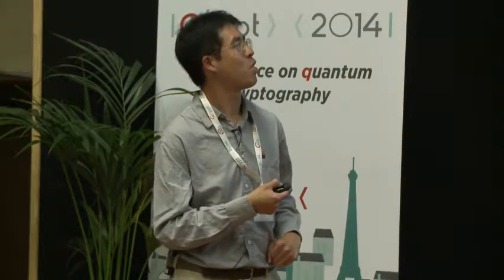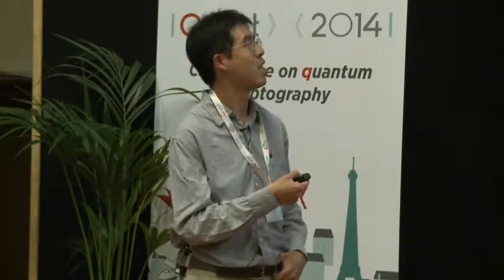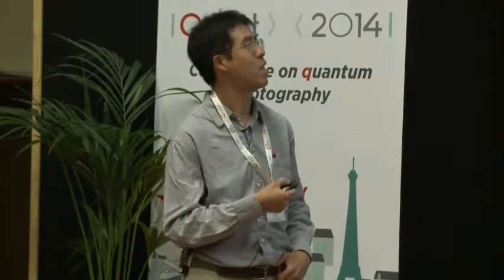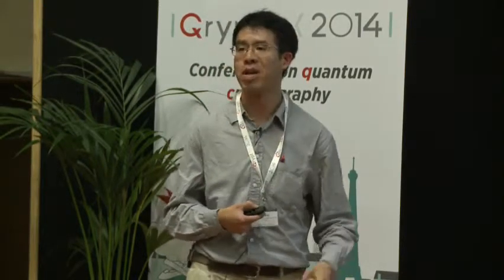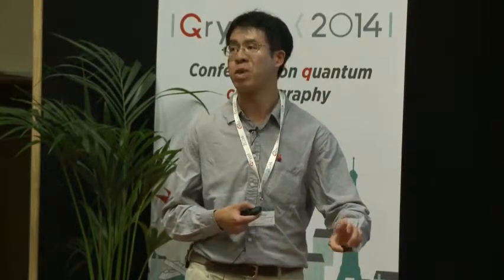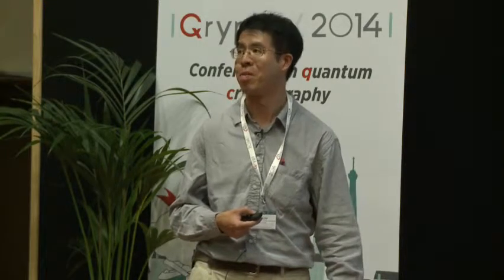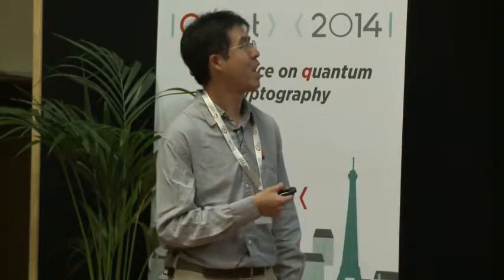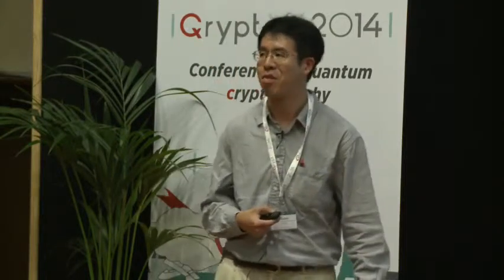Okay? In the case where C equals 0, we claim that the first message A remains secret. And we show that the min entropy of A is actually close to 1 with only an exponentially small amount of leakage, exponentially small in k, the security parameter. And if C equals 1, then we show that it's the second message that remains secret. And the smoothing parameter is exponentially small as it should be.